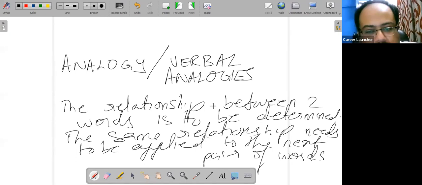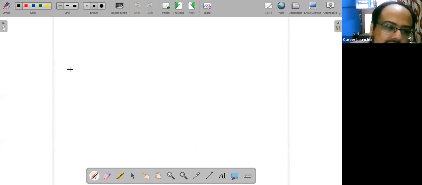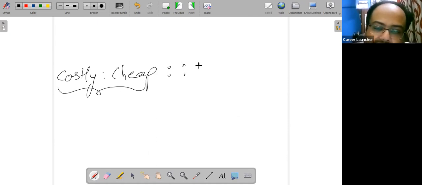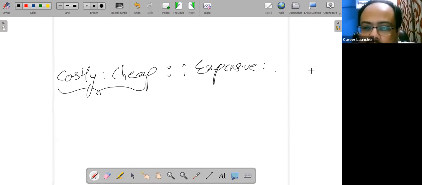So, for example, if I say costly is to cheap, this is the first pair of words, and the second pair is expensive is to dash.